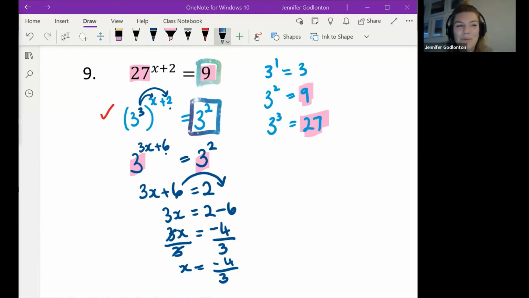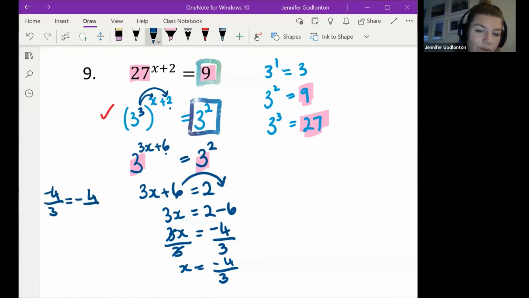Fatu, can I help? Yes, ma'am. I wanted to ask, when the negative sign is standing alone, is it the same thing as when it's with the 4? So the negatives, I could write negative 4 over 3, or I could write 4 over negative 3, and they all mean the same thing.